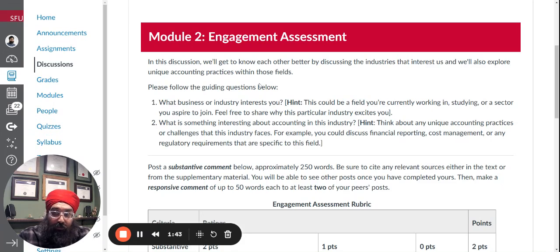So, after you go through the module, just reflect on your own work experience and maybe something that you aspire to do as well. Which business or industry interests you, right? And why it's exciting for you and what might be interesting about the accounting in this industry. So it's not really a technical question. You can maybe think about, based on what you know, what might be interesting. What might be some assets that the business might have?